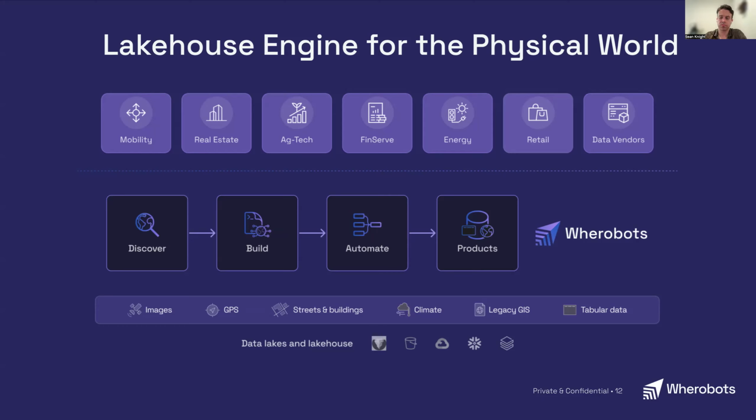The automation part is really critical, especially once you need to update this data set on a daily or even hourly basis. It helps unlock that. And again, it solves these different use cases across many industries that have lots of operations related to or dealing with our planet.